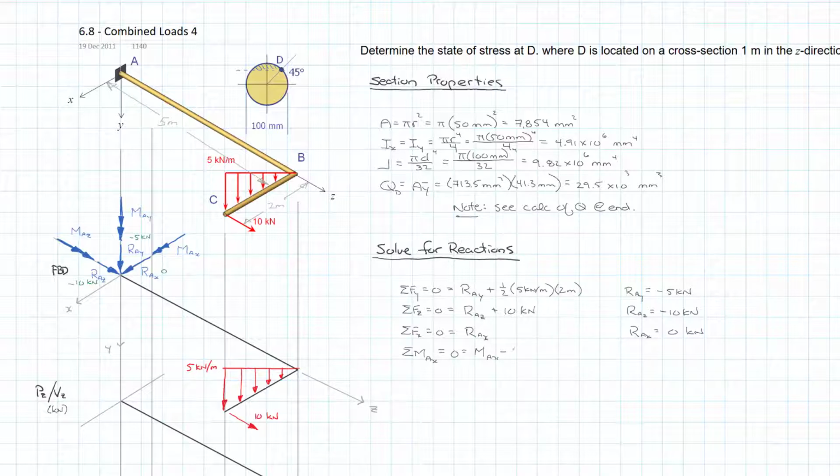So that's -1/2 times 5 kilonewtons per meter times 2 meters, and it has a perpendicular distance to it of the 5 meters, which is the length between A and B. And so we get MAX is equal to 25 kilonewton meters.